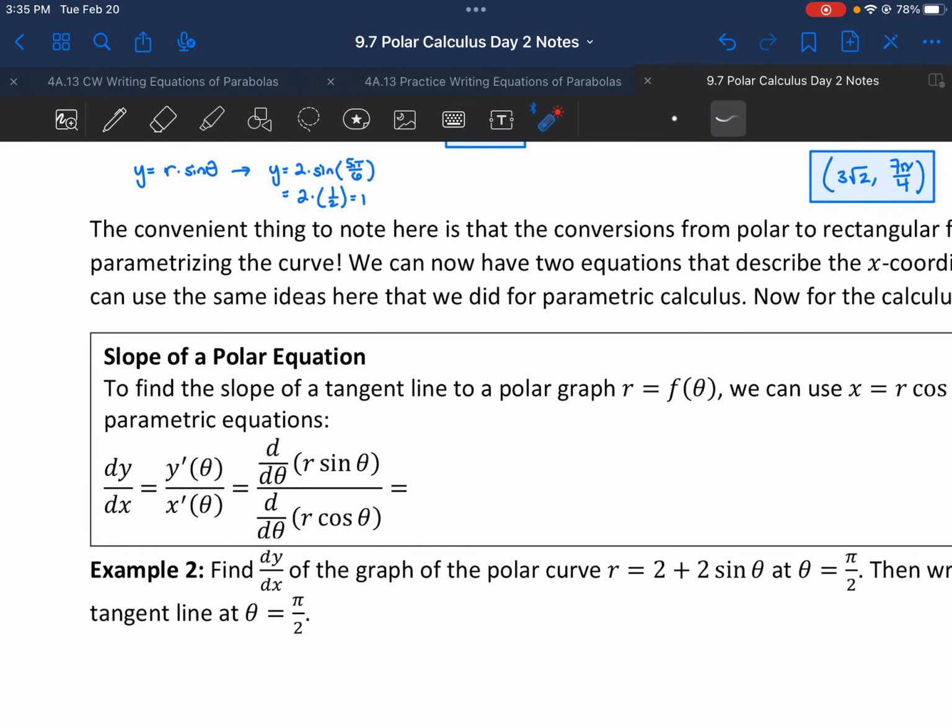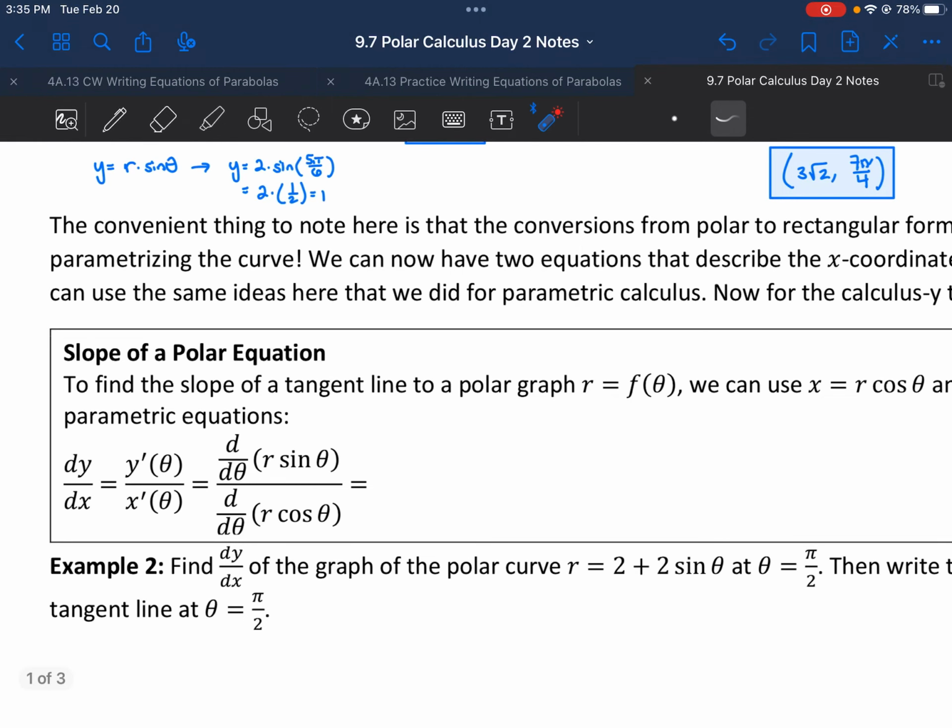So dy dx, the slope, will be the same as y prime of theta, or dy d theta, over x prime of theta, or dx d theta. And the way that we're going to find that is by taking the derivative of x and y with respect to theta.